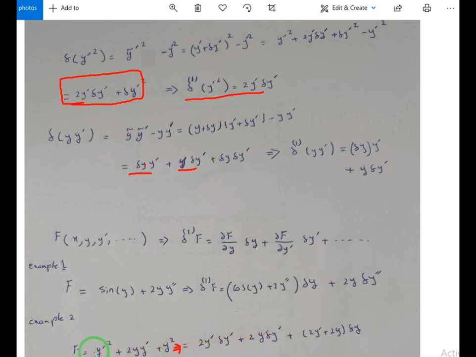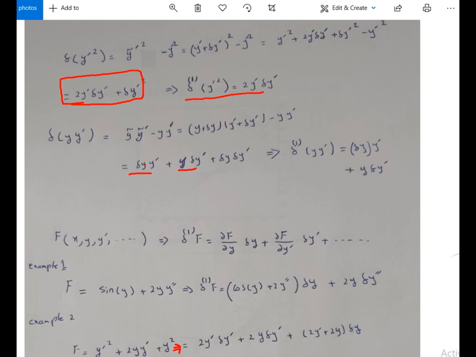We can say that it's equals to 2y dash plus 2y multiplied by delta y dash, and partial derivative of f with respect to y multiplied by delta y. Partial derivative of this equation with respect to y is equals to 2y dash plus 2y multiplied by delta y. Okay, this is enough for now.